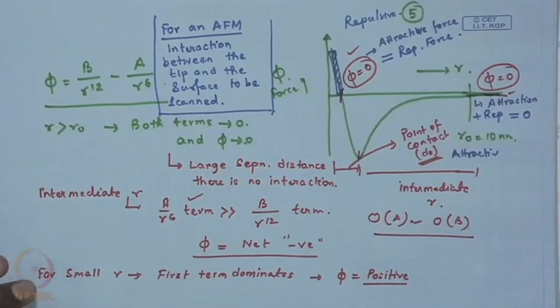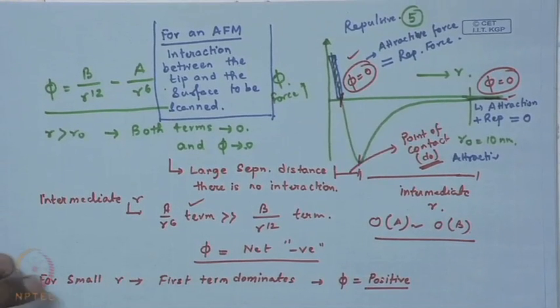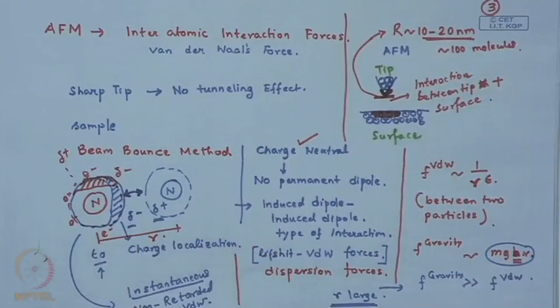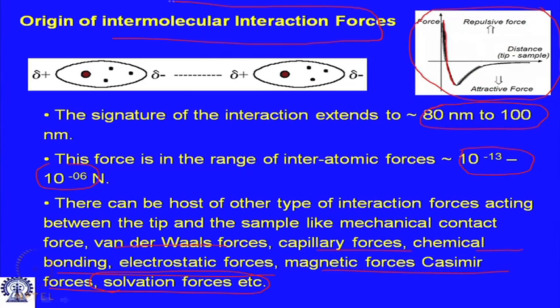So, I guess we do a quick recap on this potential curve. We just introduced the concept of induced dipole type interaction, which is known as the van der Waals forces, also known as the intermolecular interaction. This type of interaction is the most fundamental form and is present even in molecules which do not have any permanent dipole, including charge neutral molecules.